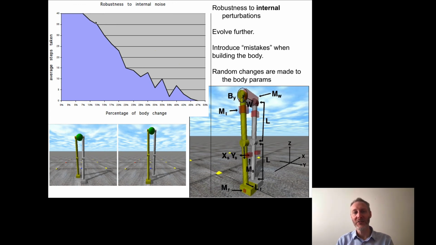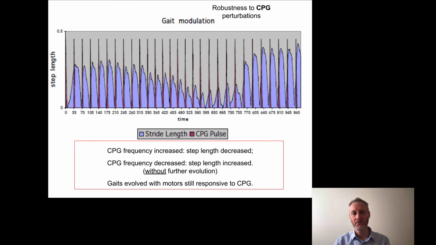Above that manufacturing error threshold, the robot started to take fewer and fewer steps. But even after 30% manufacturing error, this is huge, the robot is still taking 12 or 13 steps using this hybrid walking behavior. It's an extremely impressive result at the time.